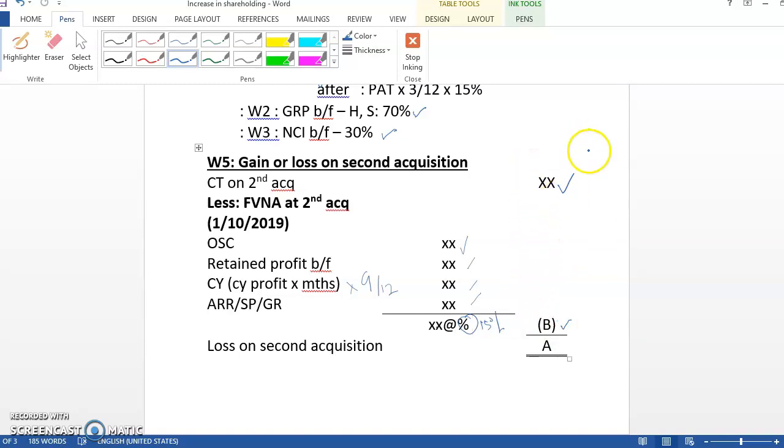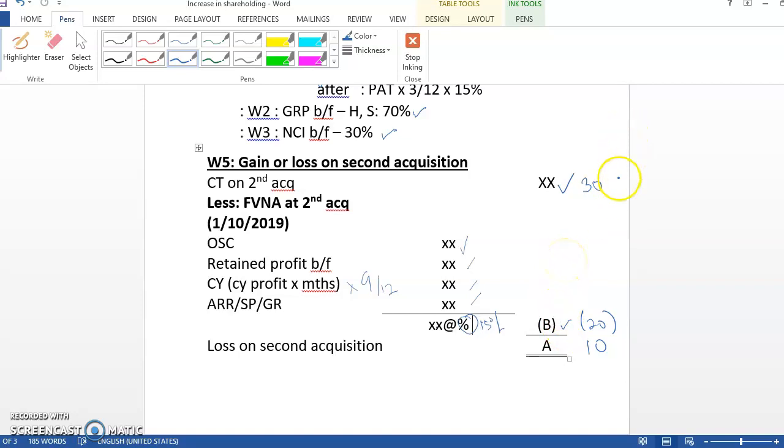Now if you have a positive figure, for example, you have 30 minus 20, you get 10. 10 is positive. So if it is positive, we get a loss on second acquisition. Why is it a loss? Because you pay more than what you get. You pay 30 but you get 20, so it is a loss.